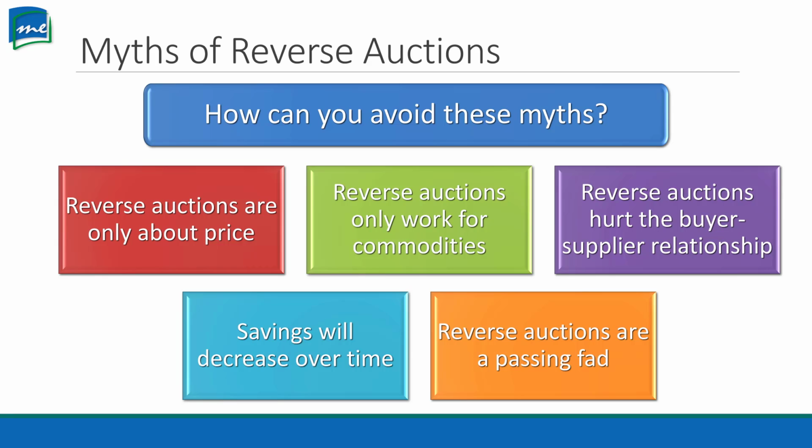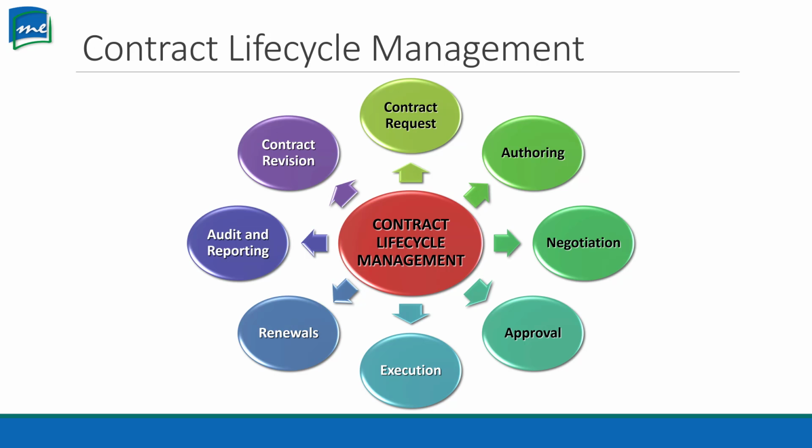Well, we need to do a contract, right? So let's look at the life cycle of a contract. Right at the top, at the 12 o'clock position for our contract lifecycle management, we request a contract. So the contract gets written and then it's presented and we negotiate it.